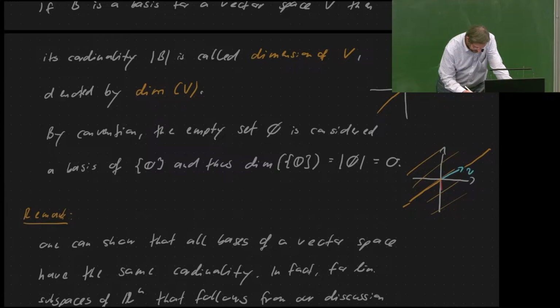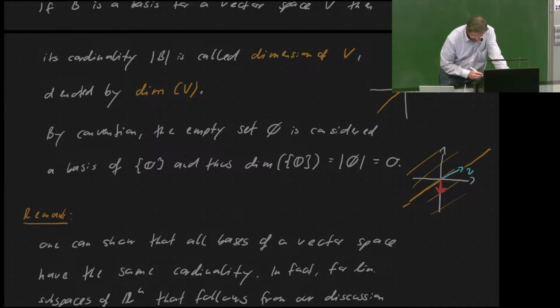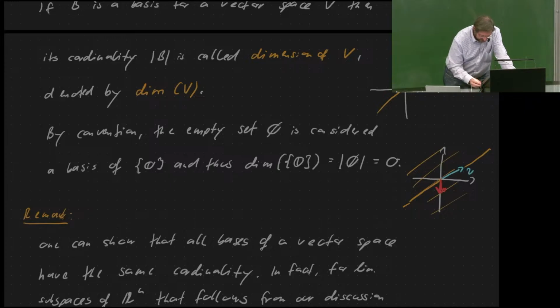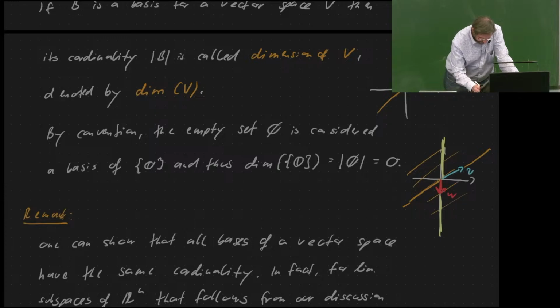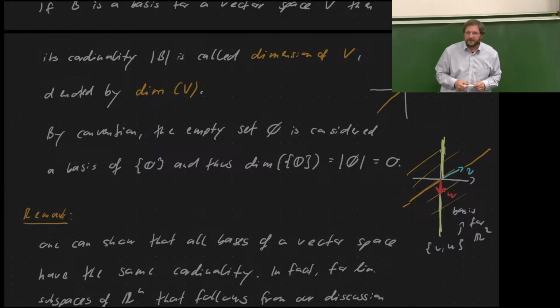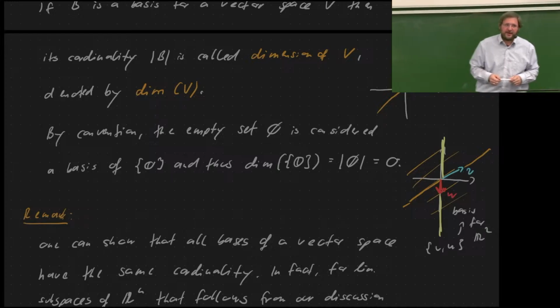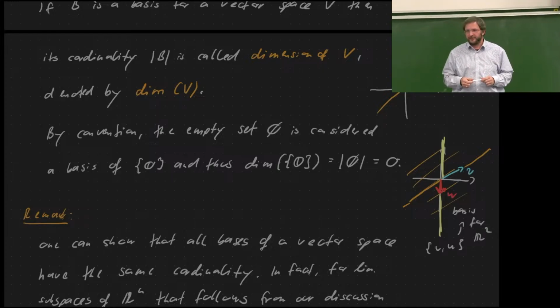And let's take this one here. Right, so this generates on its own this line here. And taking those two together, let's call it w, we have already seen that v and w, so those two together, is a basis for R2. We have seen that they generate R2, and they are linearly independent because none of them is a multiple of the other.